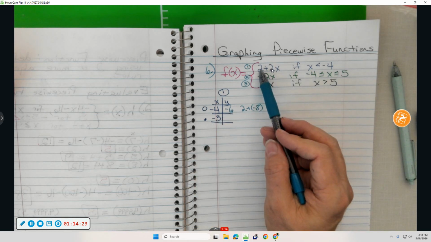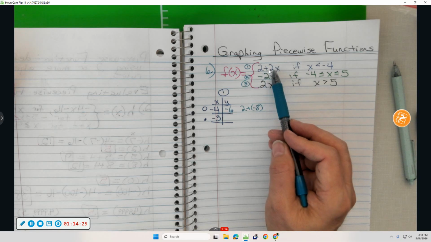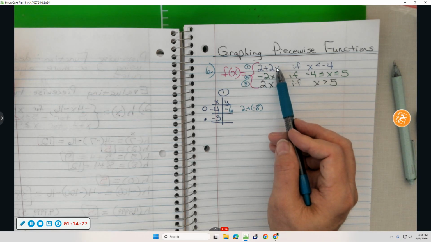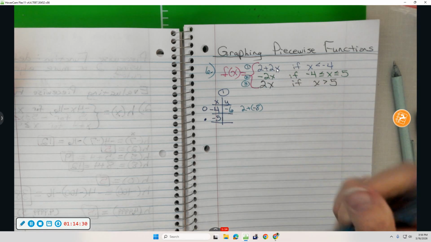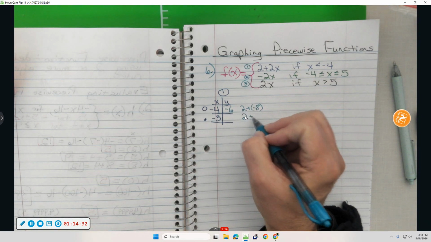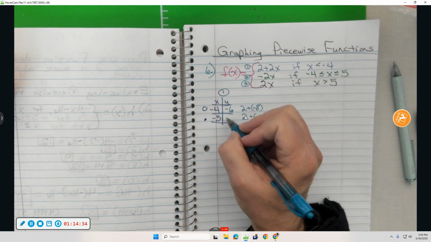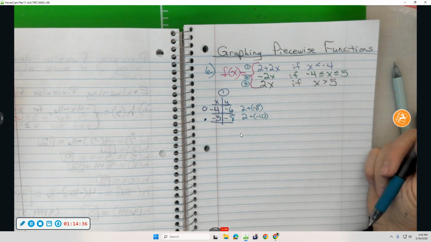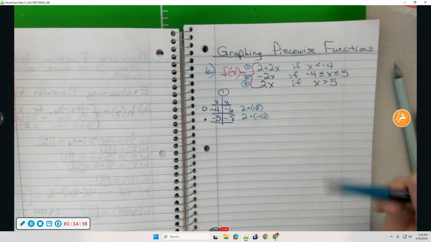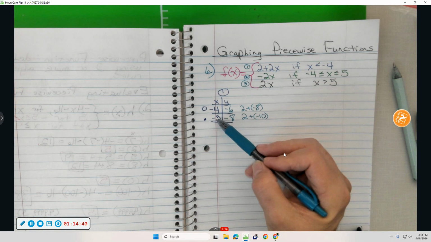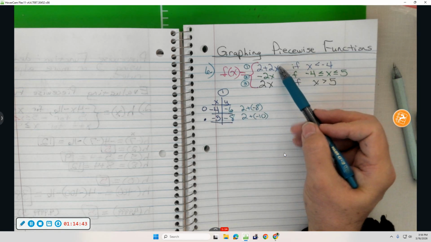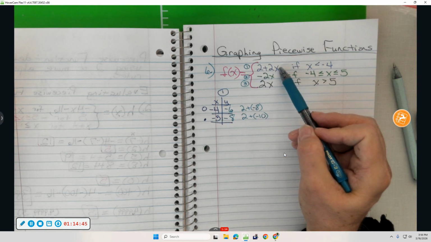You'll have 2 plus 2 times -5, which is -10. So you have 2 plus -10. That gives you a y value of -8. We plugged -4 and -5 into the blue piece, that first piece.